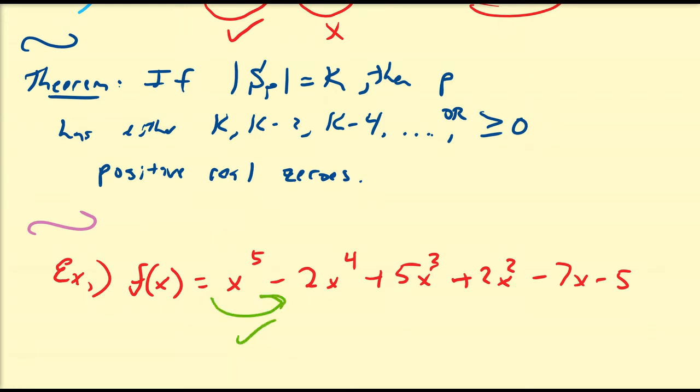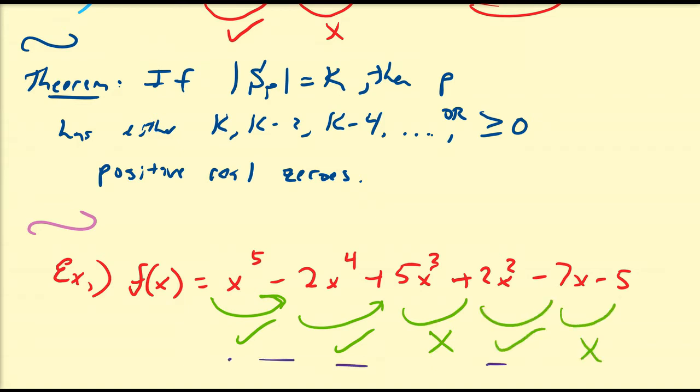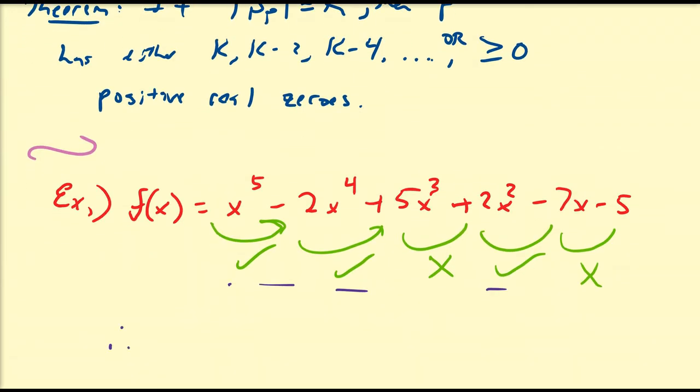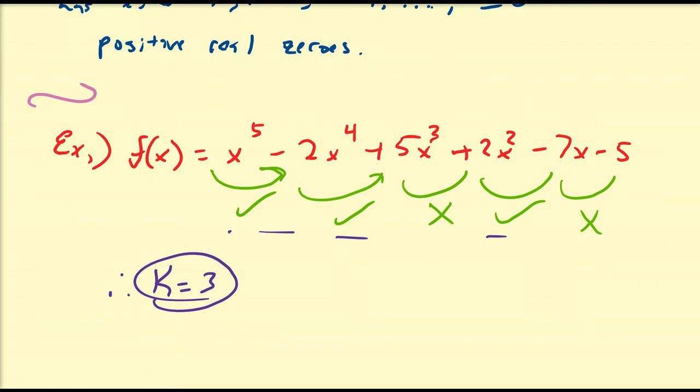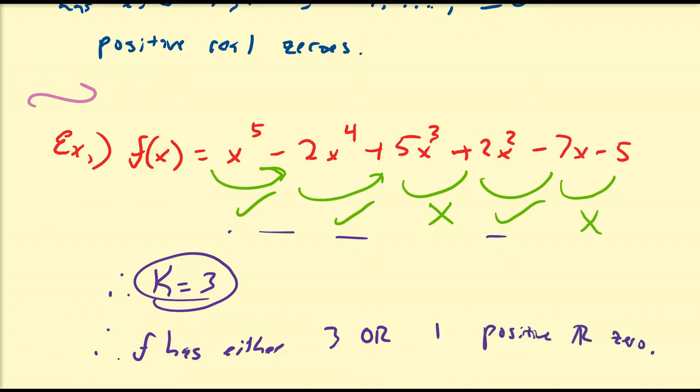We have positive to negative, negative to positive, positive to positive, positive to negative, negative to negative. So we have 1, 2, 3 sign changes, so k is equal to 3. That means f has either 3 or 1 positive real zeros.